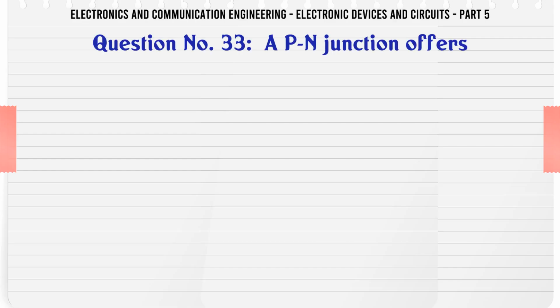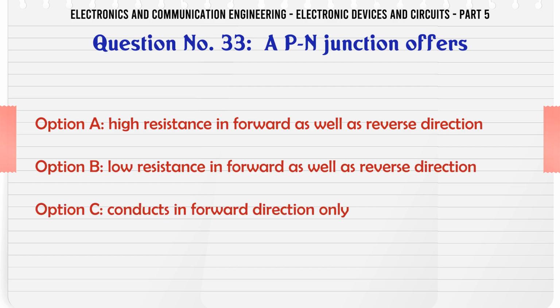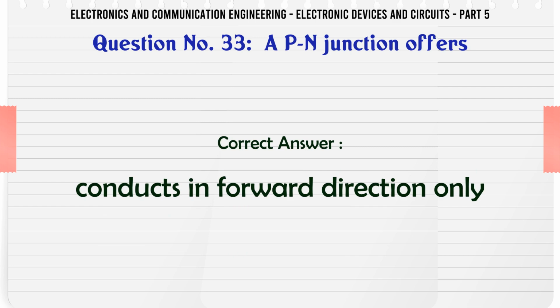A PN junction offers A. High resistance in forward as well as reverse direction. B. Low resistance in forward as well as reverse direction. C. Conducts in forward direction only. D. Conducts in reverse direction only. The correct answer is conducts in forward direction only.